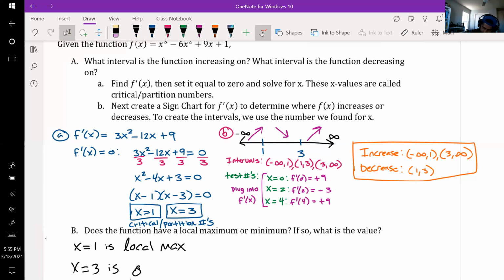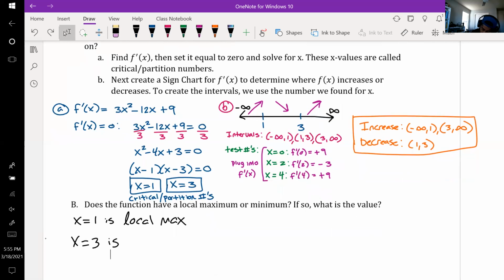Local minimum. Okay, but it's not over yet, because now we want to know what are the exact locations of these maximums and minimums. And to find that, we must plug these into the original function. So be careful with that.